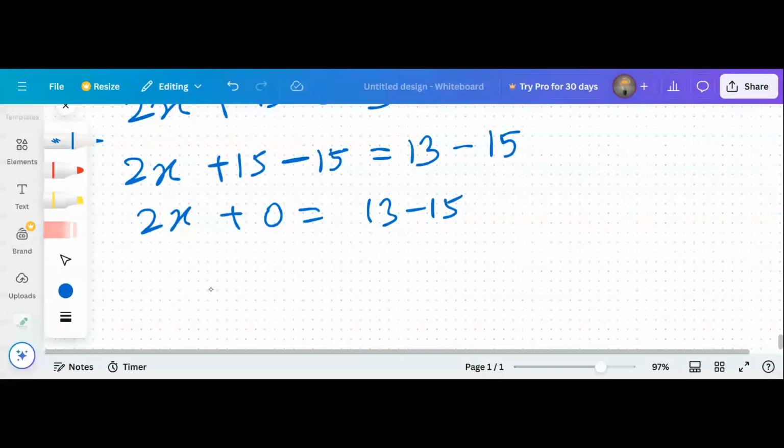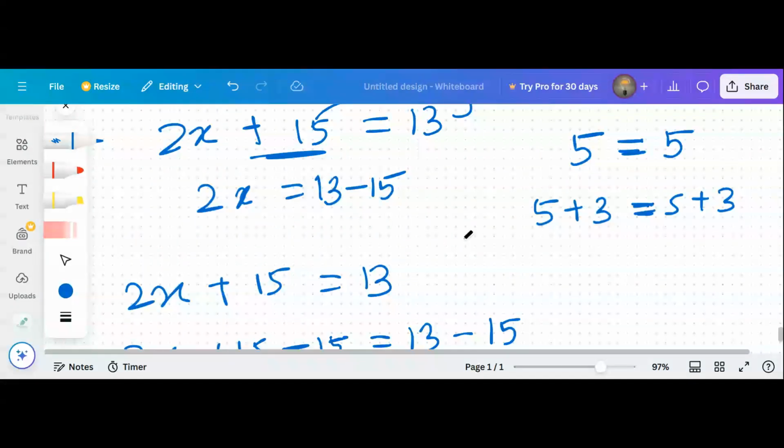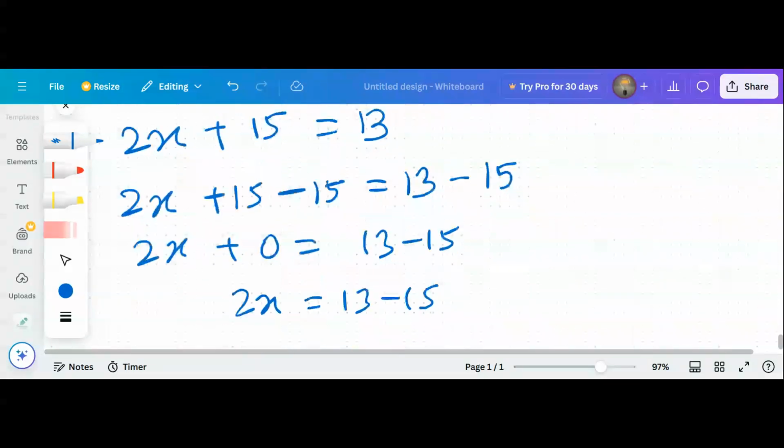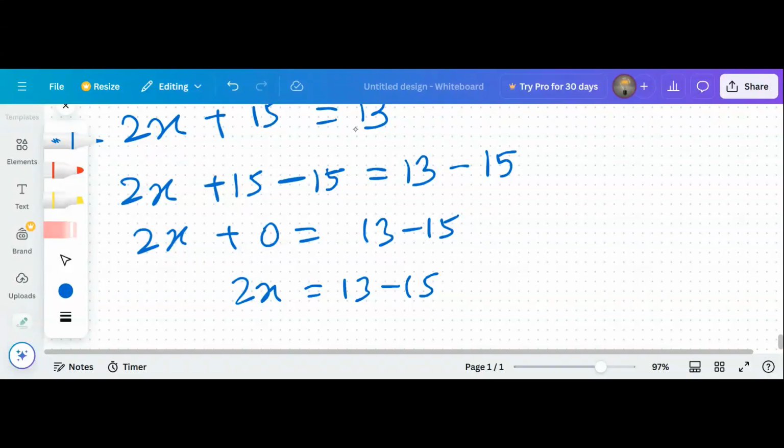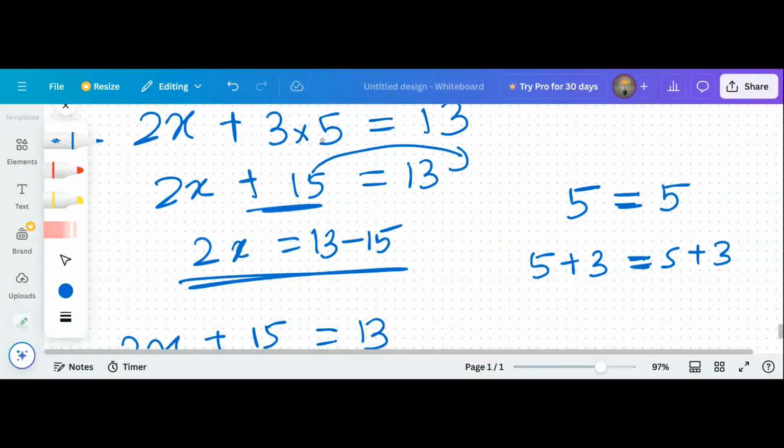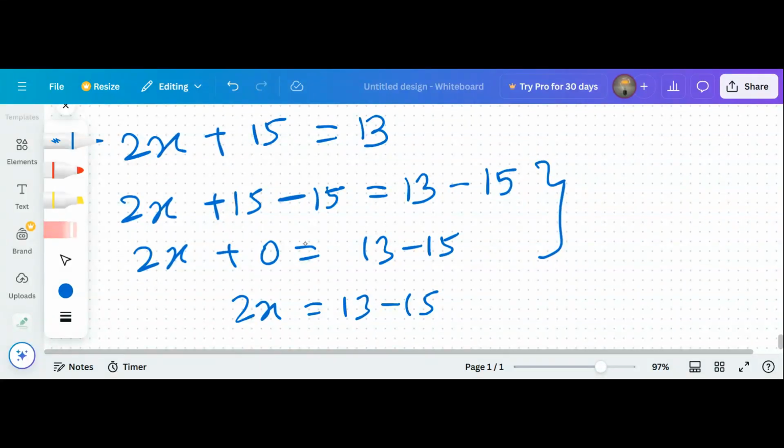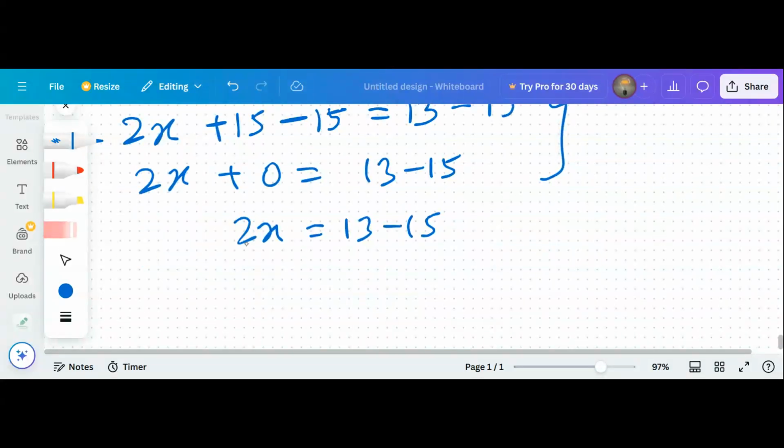So 2x is equal to 13 minus 15. Actually it is like this, but we don't write these steps. We skip it, and if it is plus here, when we take it to the other side, it will be minus. But actually it came from this.